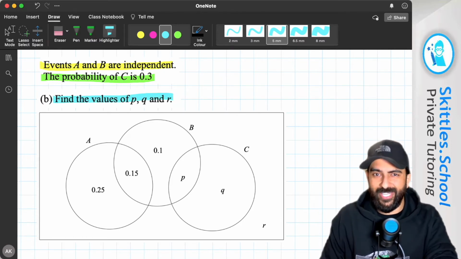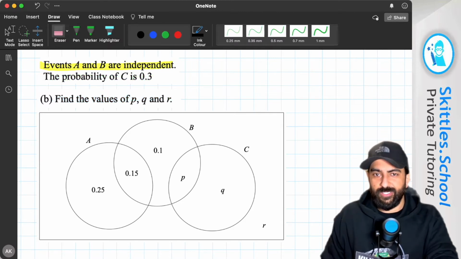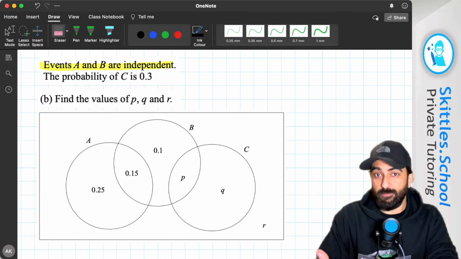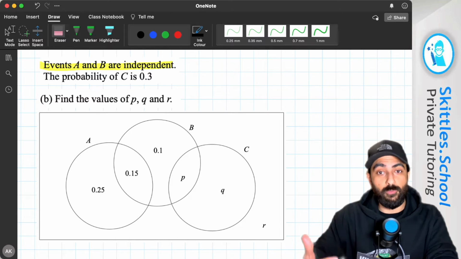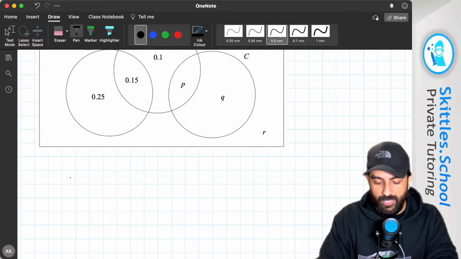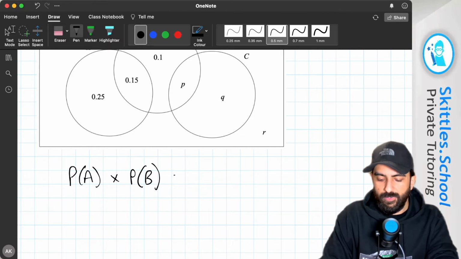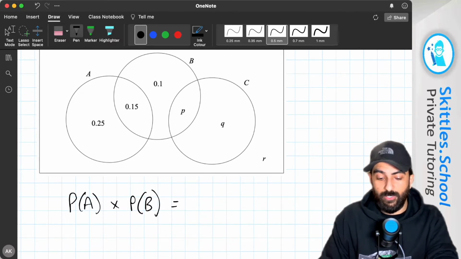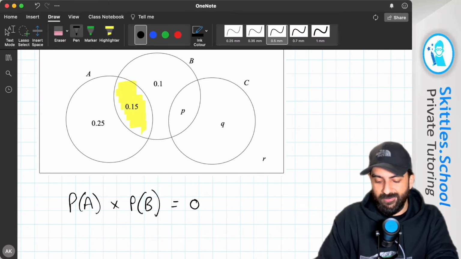So that keyword, A and B are independent. The probability of A multiplied by the probability of B equals, according to the Venn diagram, A and B, which is 0.15.